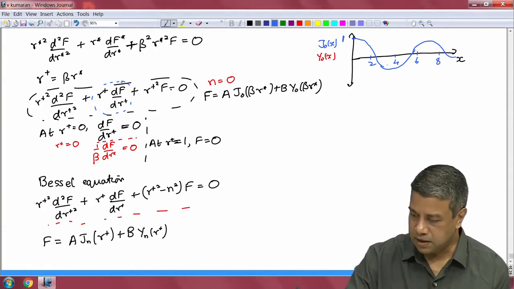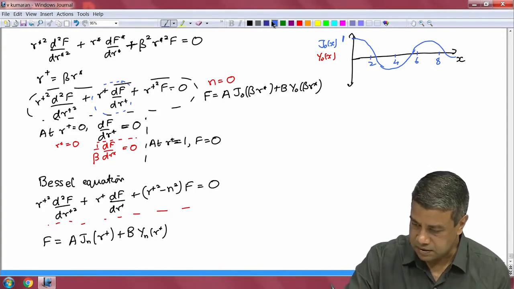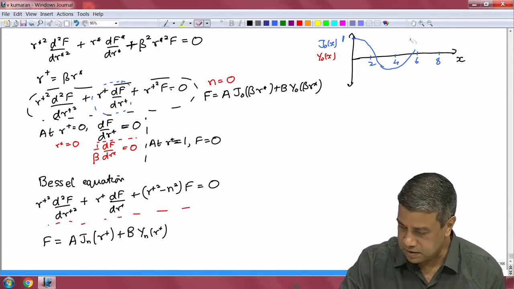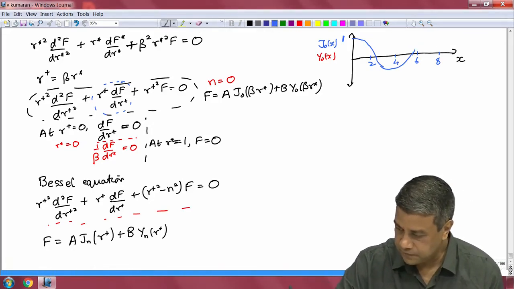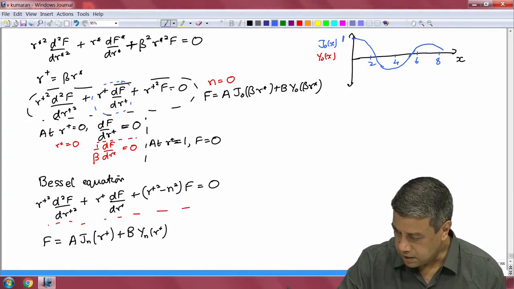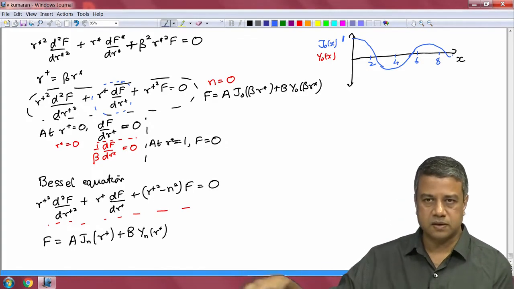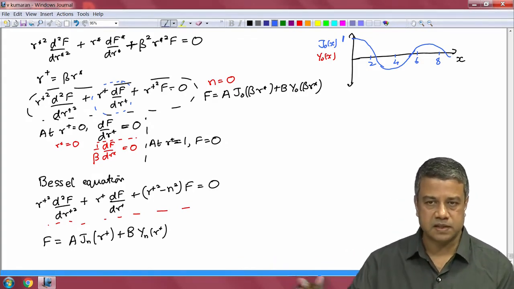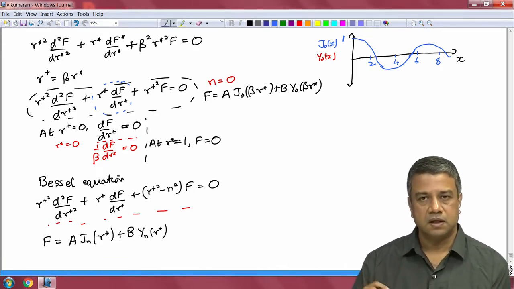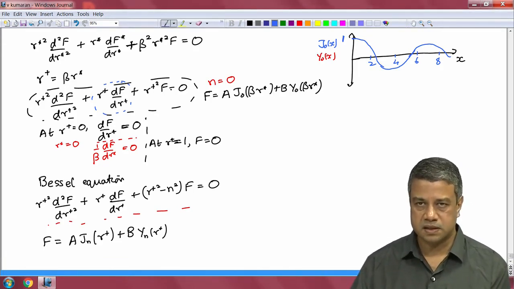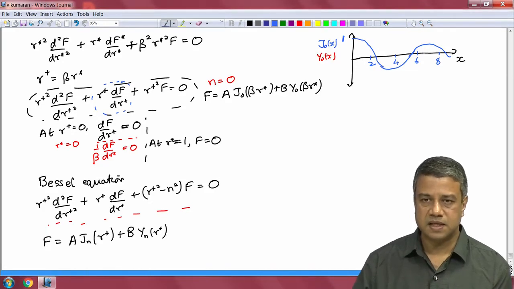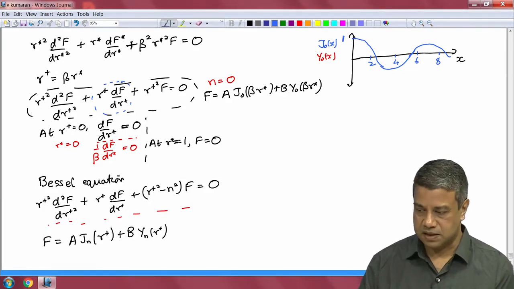The amplitude decreases as x increases and it goes on oscillating. You have an infinite number of places at which it crosses 0. The amplitude decreases as x increases and the spacing between zeros increases as x increases.